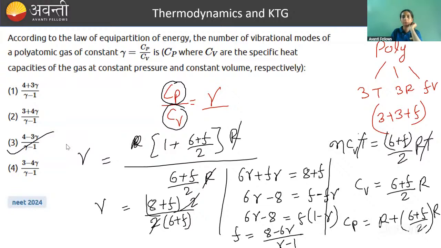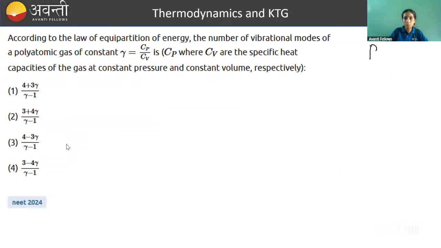Okay, एक काम करती हूँ. तो मैंने तुम लोगों को क्या बताया? तुम लोग कहाँ फंस रहे हो मुझे भी समझ नहीं आ रहा. Now polyatomic gas है. You have read this topic before, right? या नहीं पढ़े हो? देखो, अगर polyatomic gas है, again same thing I will write: 3 degrees of freedom for rotation, 3 degrees of freedom for translation, F degrees of freedom for vibration. ठीक है.